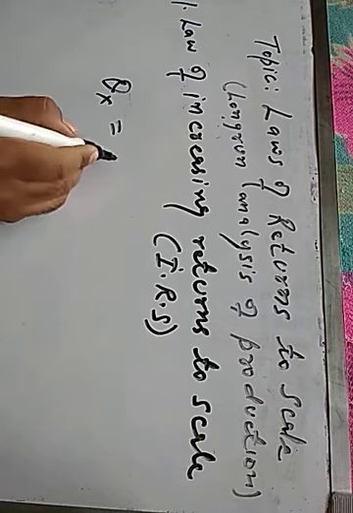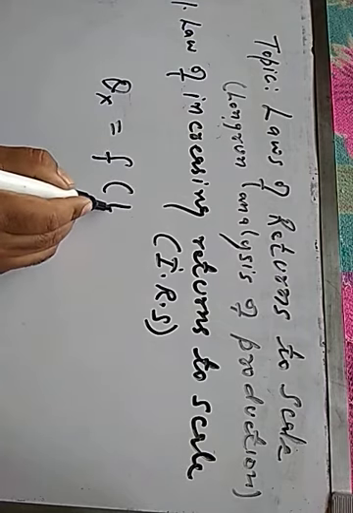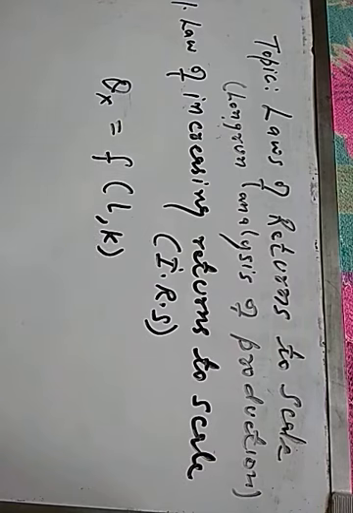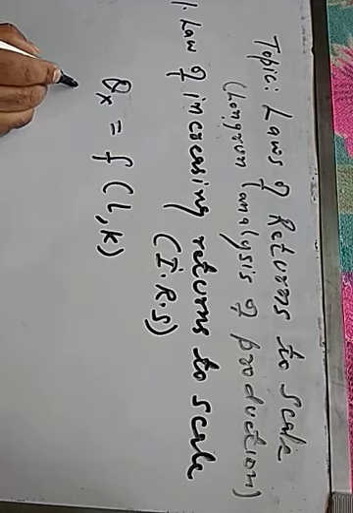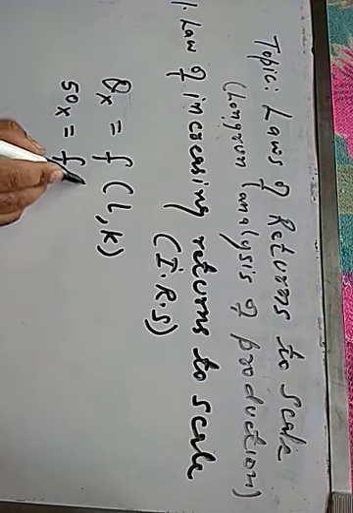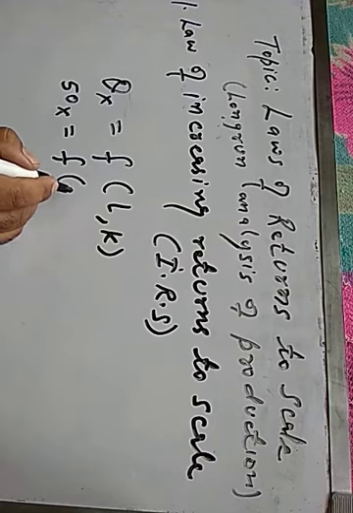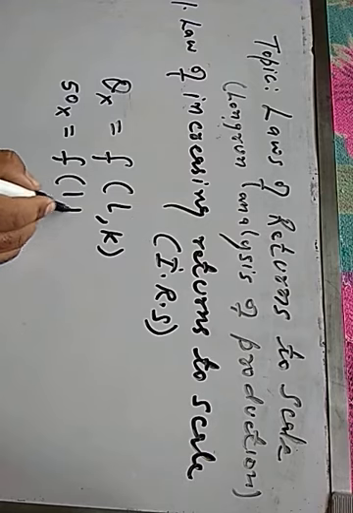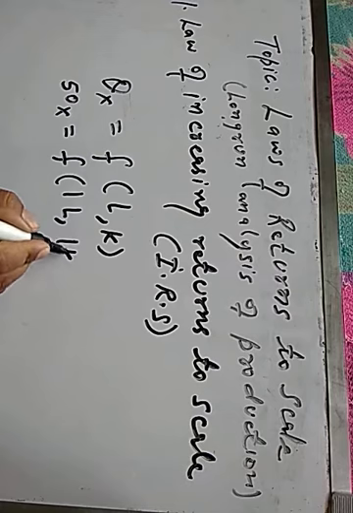Suppose Qx is the level of output of x, or quantity of x produced with the help of labor, L, and capital, K. Suppose 50 units of x are produced with the help of 1 unit of labor and 1 unit of capital.